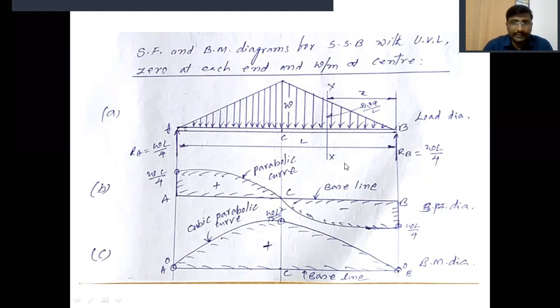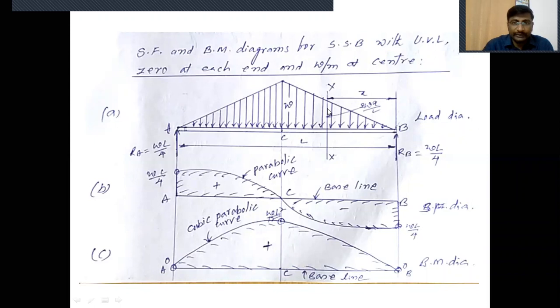Here I have taken the XX section at a distance of X from the right support, because we are going to use the right hand side sign conventions.